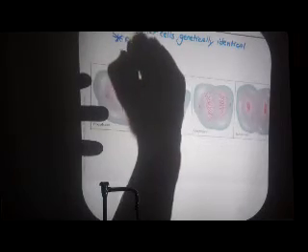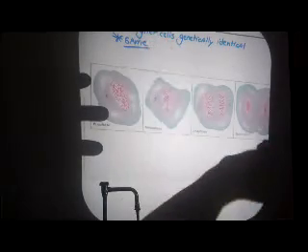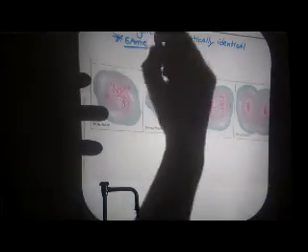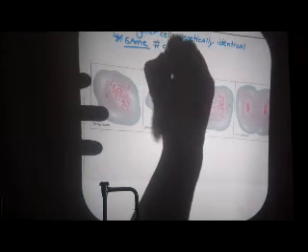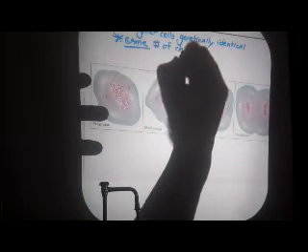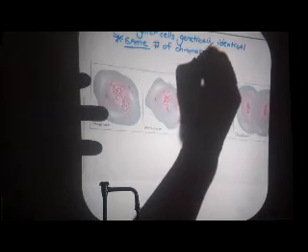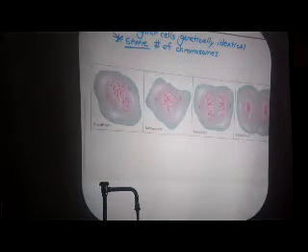You should also know, not only is it identical, but those daughter cells will have the same number of chromosomes as the parent cell. You're making a twin. You're making a twin cell. You absolutely have to have that fully ingrained in your mind. Mitosis makes daughter cells that are genetically identical to the parent, and they have the same number of chromosomes.